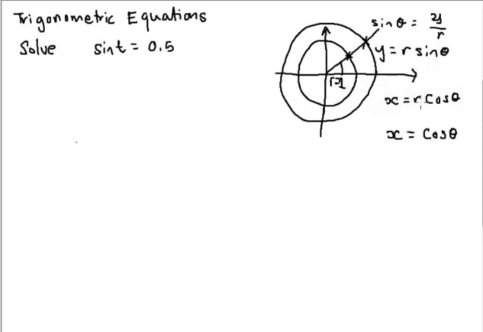Then this equality just becomes x equals cos theta. Am I understood? Because it becomes 1 times cos theta. Then when I go to this one, it becomes y equals sine theta. What is that telling you? It tells you that the values of cosine and sine are the coordinates x and y on the unit circle. Do you hear that?